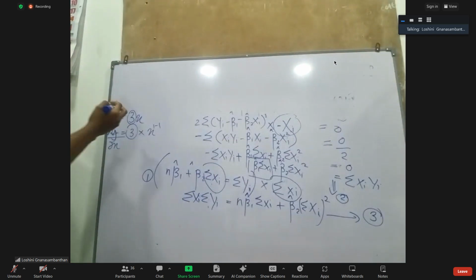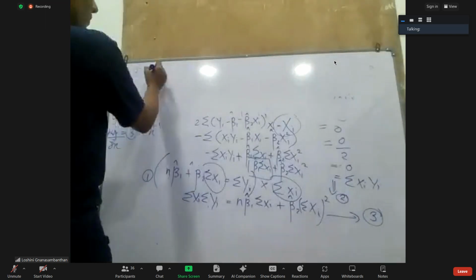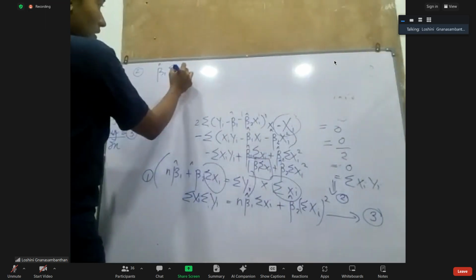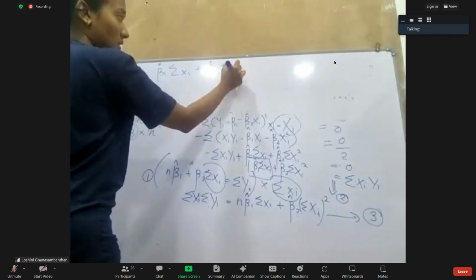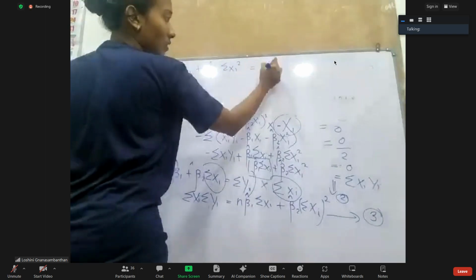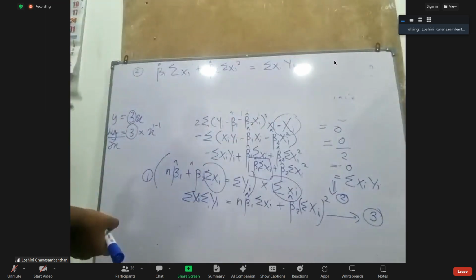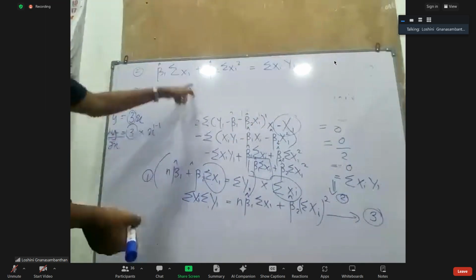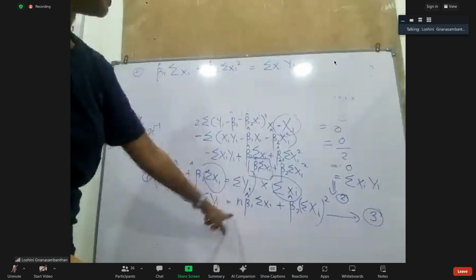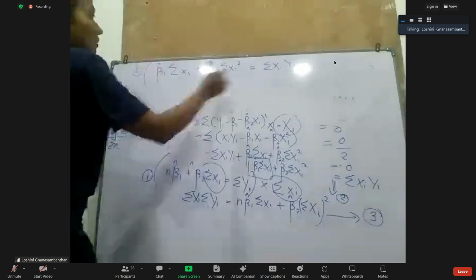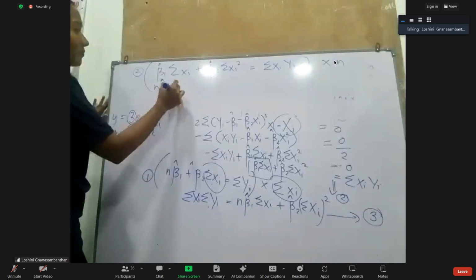Then next thing is your second equation. What you got is beta 1 hat one side plus beta 2 hat one side. You got this, and you want to make this equal to this one, right? Now, what is missing in this? This n is missing here. So you have to multiply this whole thing by n beta 1.